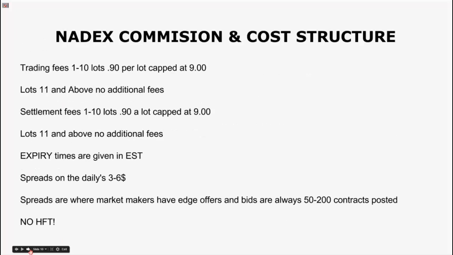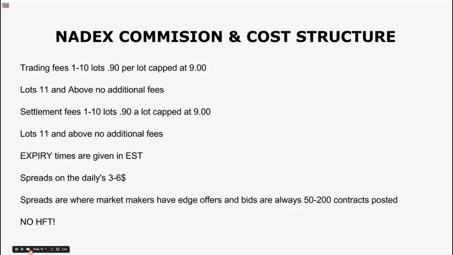So a lot of you might be curious about Nadex commission and cost structure. Trading lots 1 to 10 are going to be 90 cents per lot, capped at $9. So if you're scaling up over 10 lots, having your commissions capped at $9 is huge. I'm sure any of you who trade multiple, say 10, 20, 30, 40, 50, 100 lots in options, you see that brokerage statement at the end of the year, and you see how much you paid in options commissions.